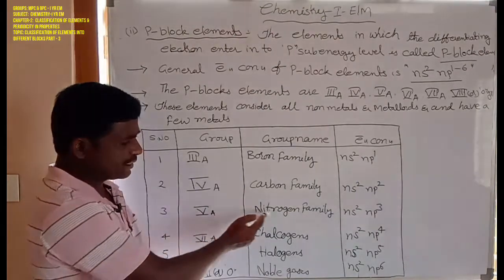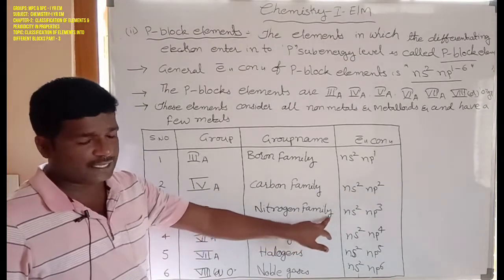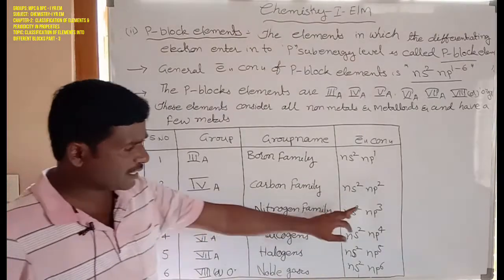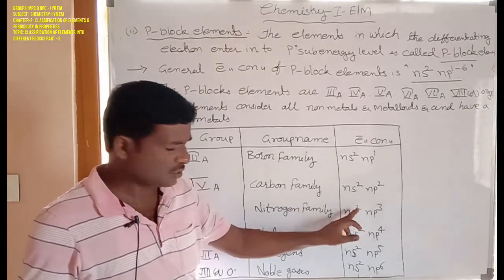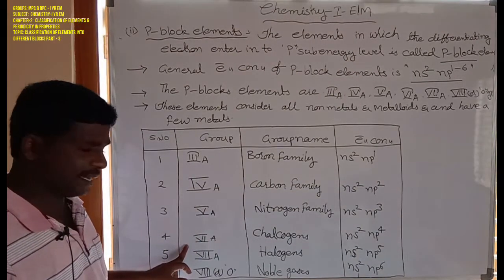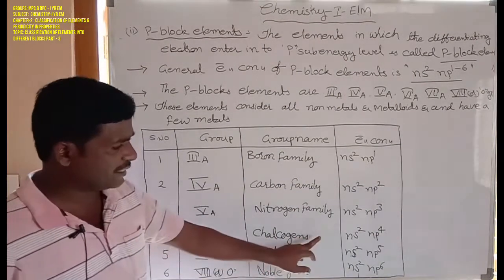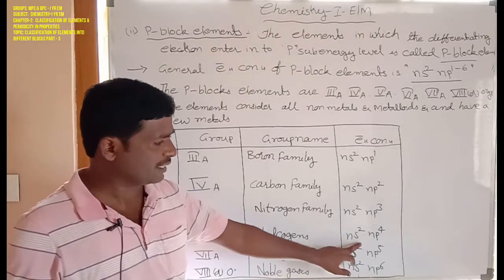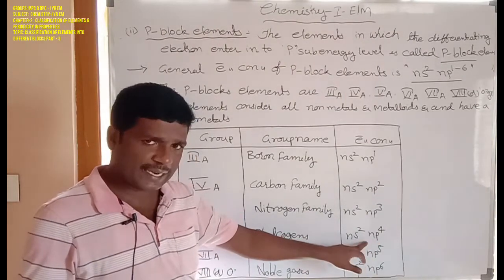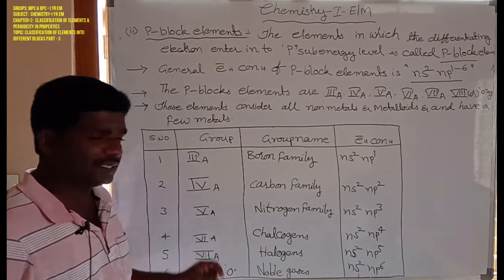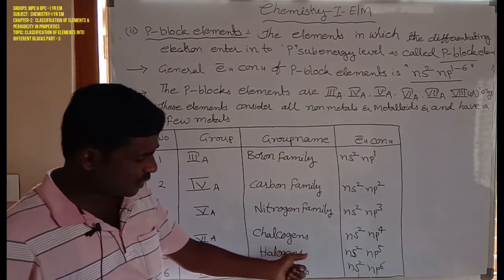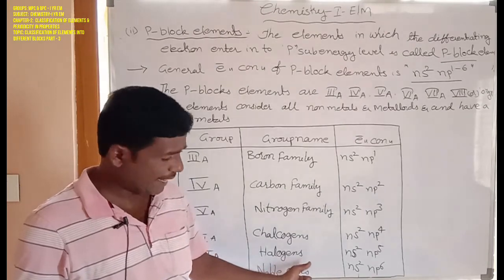Next, 5A. The 5A group elements are also called the nitrogen family. The outermost valence electron configuration is ns2 np3. The outermost shell consists of only 5 electrons, so it is called the 5A group. Next, 6A. The 6A group elements are also called chalcogens. Electron configuration ns2 np4. The outermost shell consists of 6 electrons. Next, 7A. The 7A group elements are also called halogens or halides.